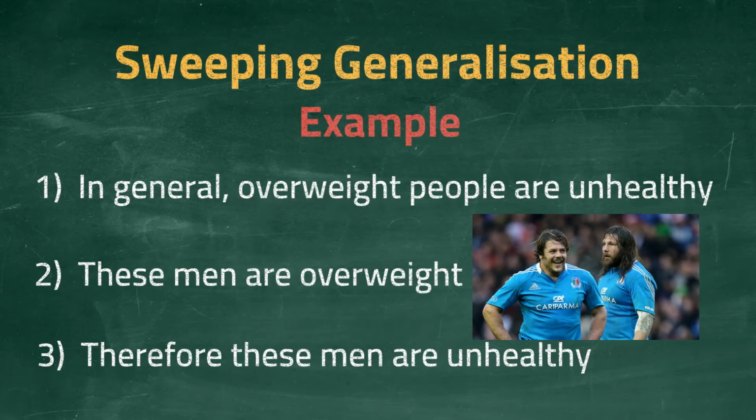The fallacy is called a sweeping generalization because we have taken a general principle, in this case, overweight people are unhealthy, and attempted to apply it too broadly or sweepingly. In this instance, we have failed to consider the fact that these are professional sportsmen, and this is relevant when considering their health.